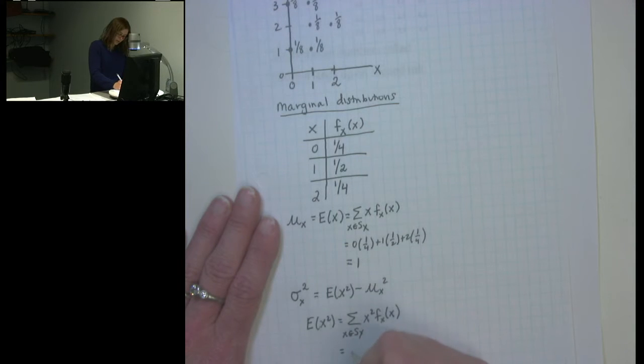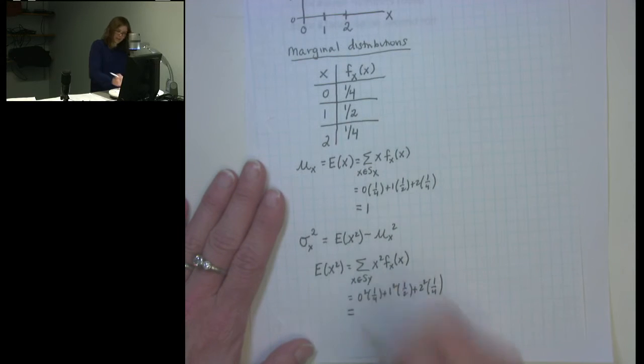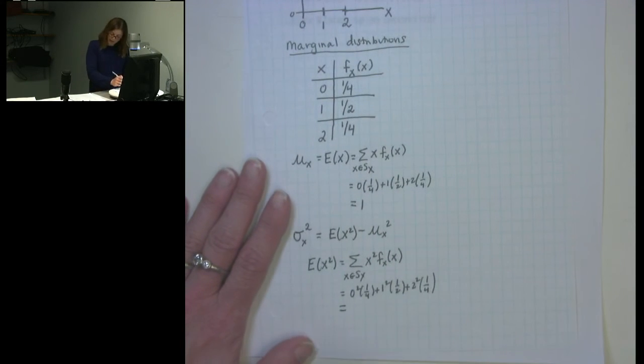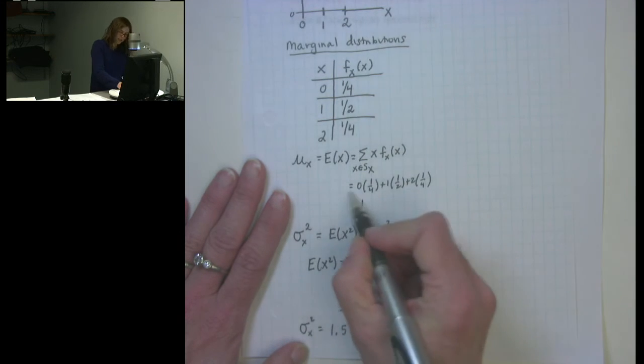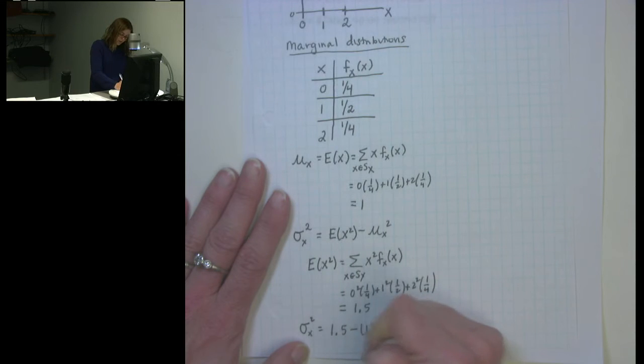If I do this, I'm going to get 0 squared times 1/4 plus 1 squared times 1/2 plus 2 squared times 1/4, which gives me the expected value of x squared equal to 1.5, which means that my variance of x is the expected value of x squared, 1.5, minus the mean of x, which is 1, squared, which gives me a variance of 0.5.